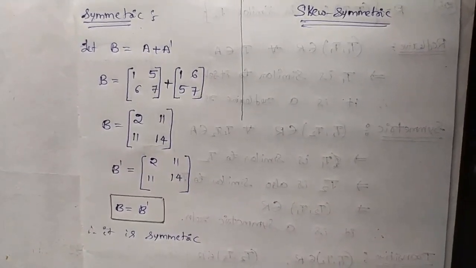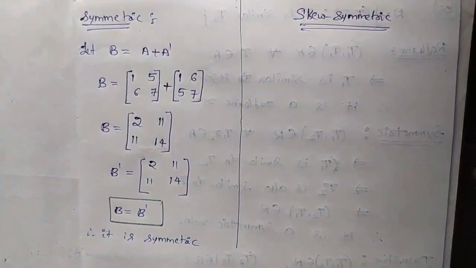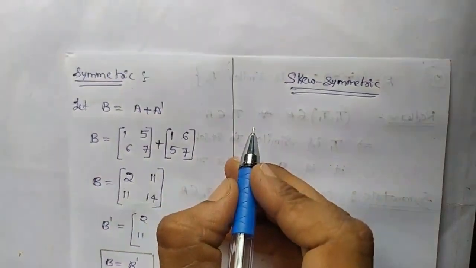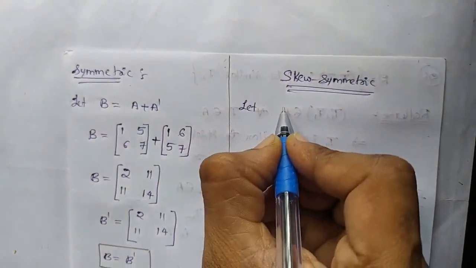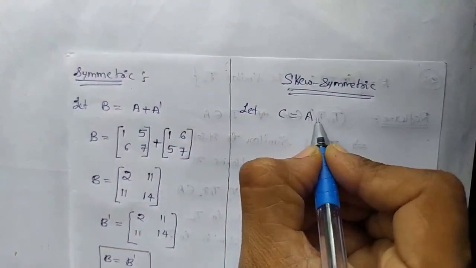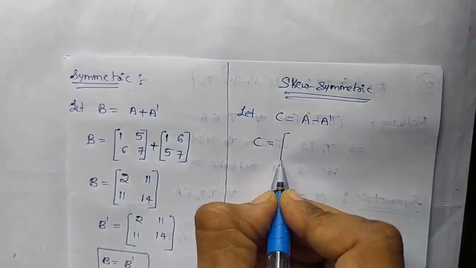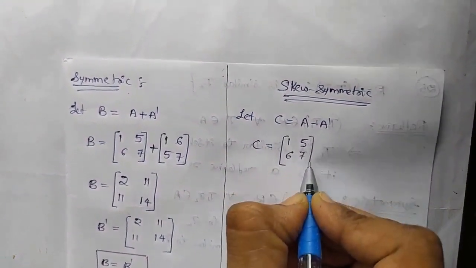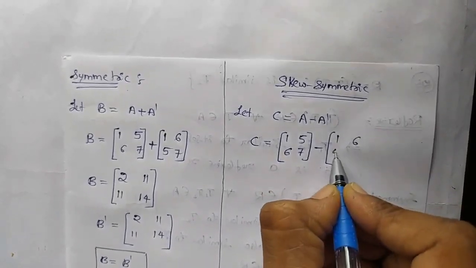Similarly, let us prove that A minus A dash is skew symmetric. Here we will take the matrix C equals A minus A transpose. The matrix A is [1 5; 6 7] minus A transpose [1 6; 5 7].